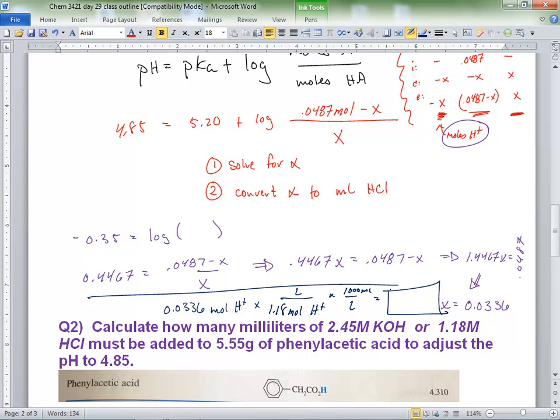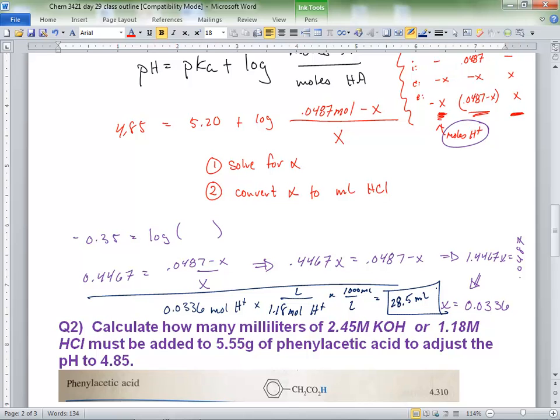About 28.5 milliliters. See that minus there? Okay. So make sure you can get 28.5 before you go on to question 2.